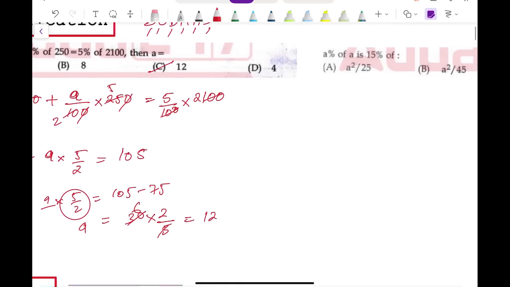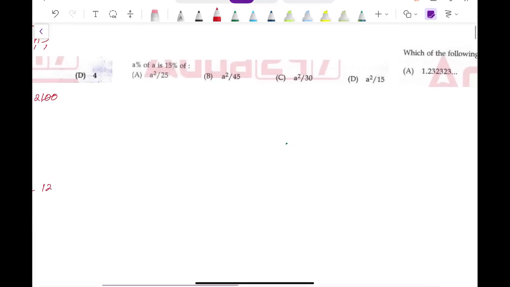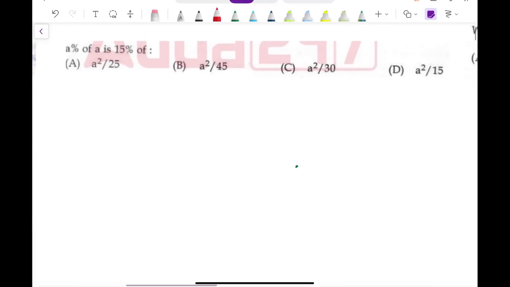Who knows, the question can be asked this way as well: A% of A is 15% of what? So always remember the words used here. Of will be multiplication, is will represent equal to. That means A% of A is equal to 15% of what?